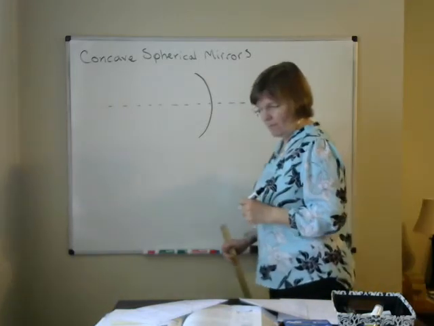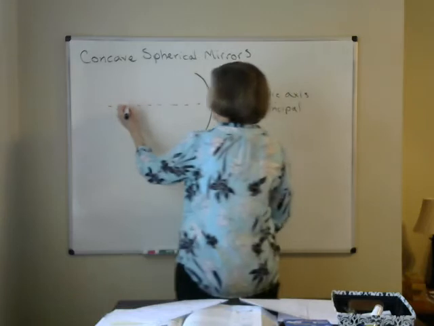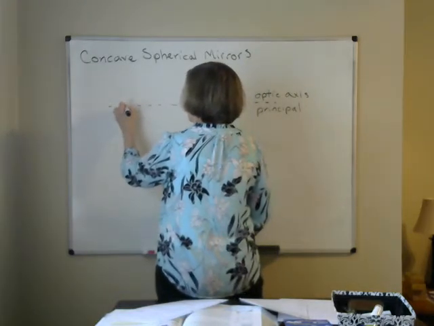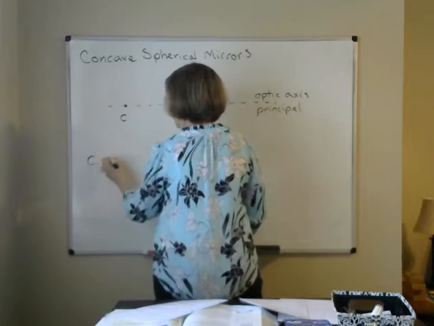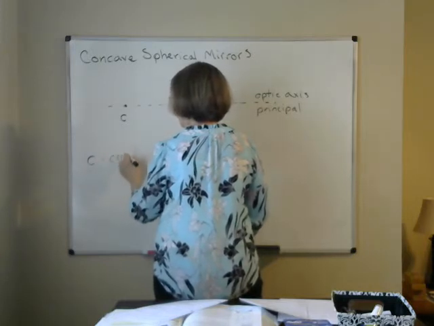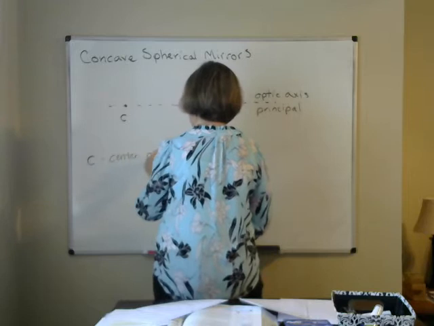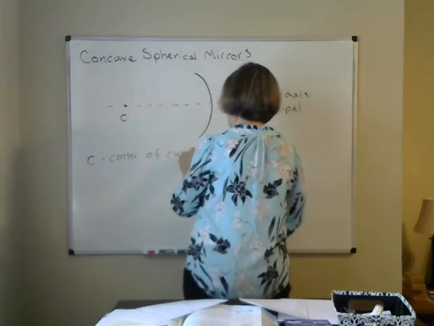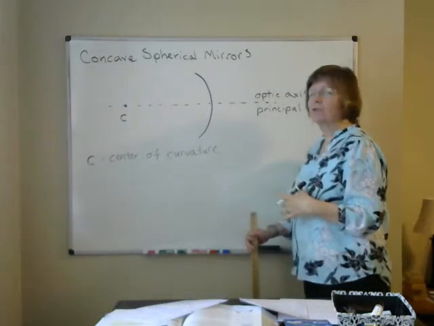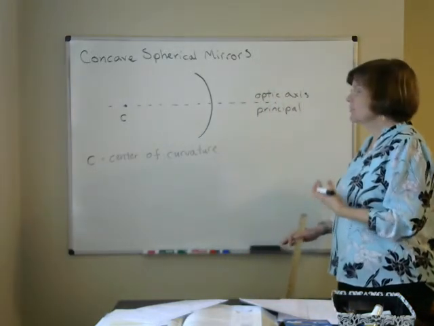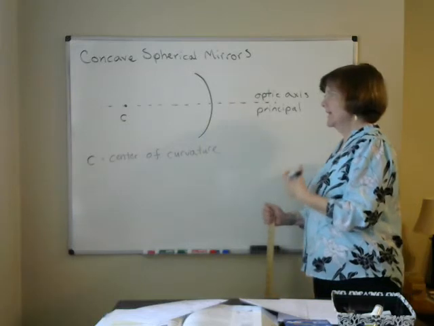There are several important points we want to talk about. First is a point I'm going to call C. C is the center of curvature. If this was just flat like a circle, instead of being three-dimensional, it would, of course, be the center of that circle.